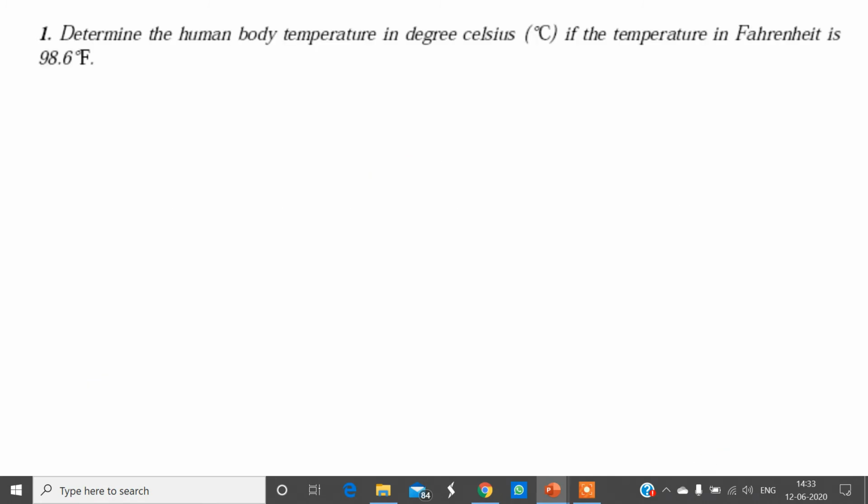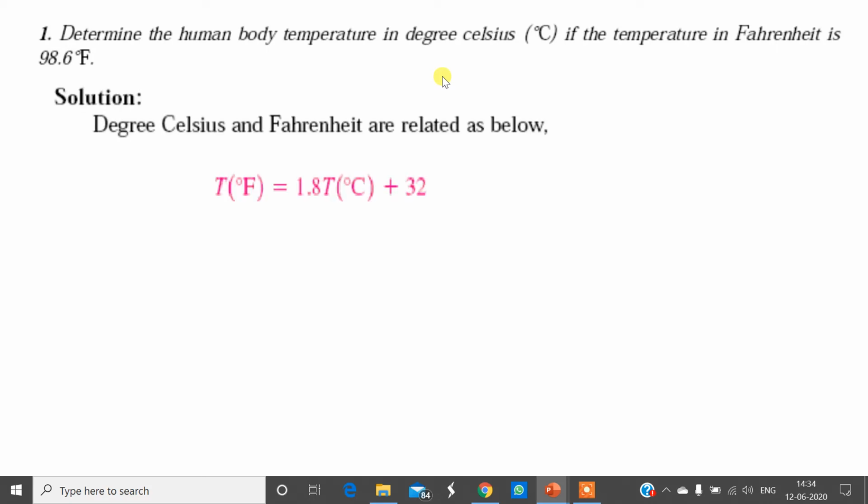Look at the examples based on the temperature scale. Determine the human body temperature in degree Celsius if the temperature is 98.6 Fahrenheit. We have to convert this temperature into degree Celsius. We know the relation: temperature in Fahrenheit is equal to 1.8 times temperature in degree Celsius plus 32.